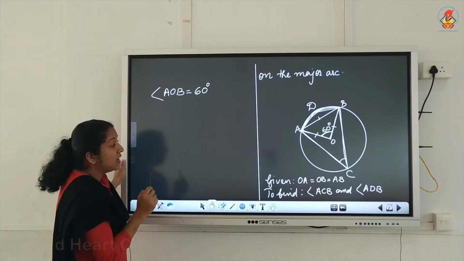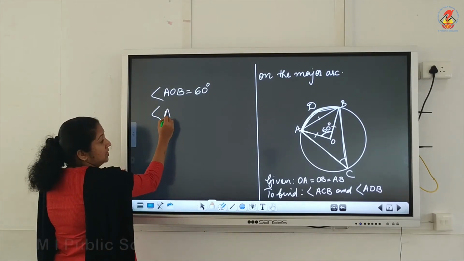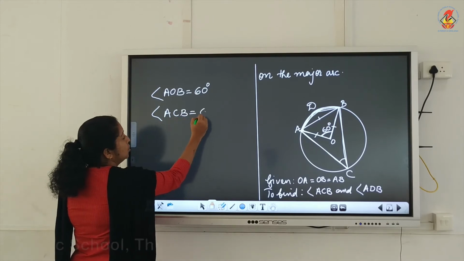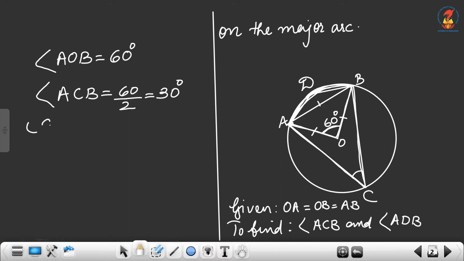So, if angle AOB is 60, angle ACB is equal to 60 divided by 2, which is equal to 30 degrees. What's the reason? The angle made by an arc at the center is double the angle made by it at any other point on the remaining part of the circle.